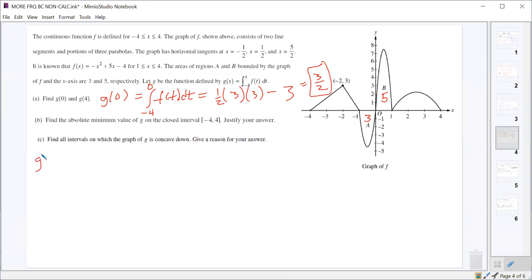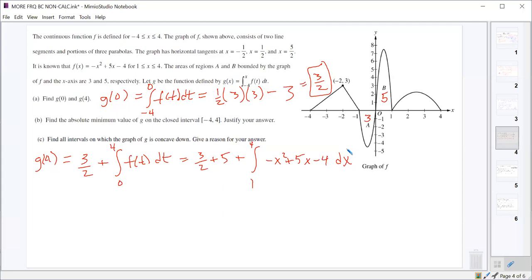For g of 4, that's 3/2 plus the integral from 0 to 4 of f of t dt. I've already got the part from -4 to 0, so I'll just add in the part from 0 to 4. So that ought to be 3/2 plus 5 plus the integral from 1 to 4 of negative x squared plus 5x minus 4 dx.